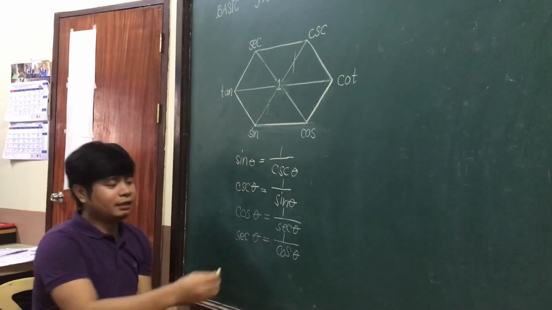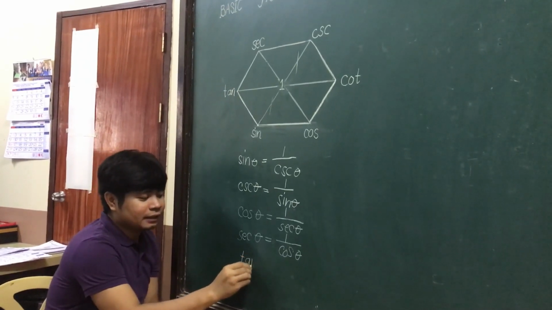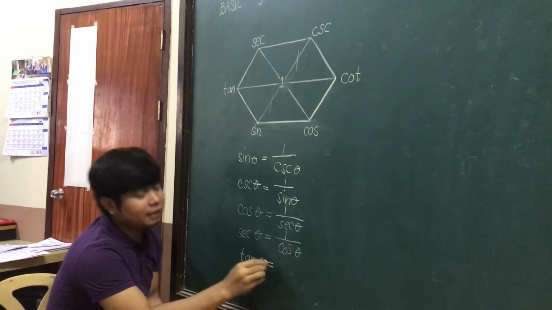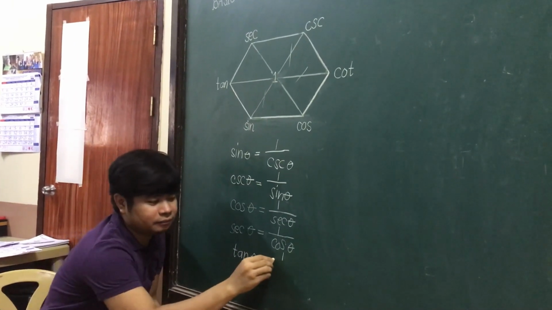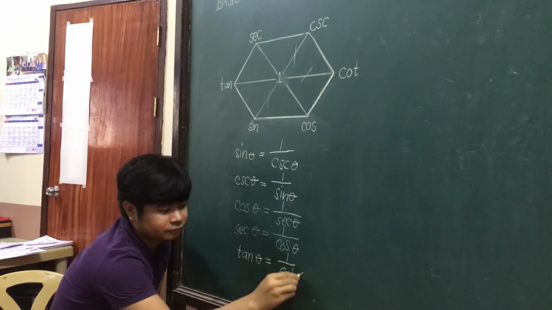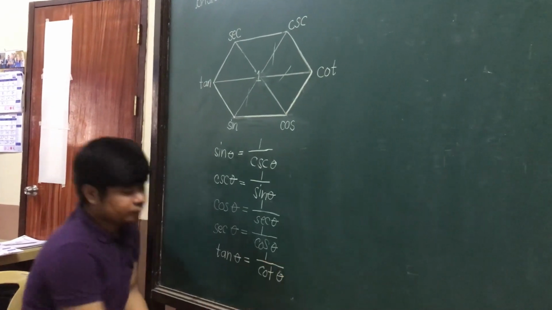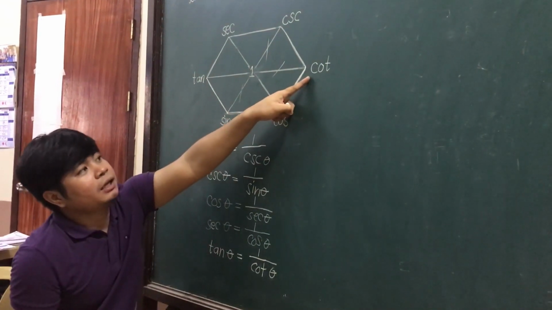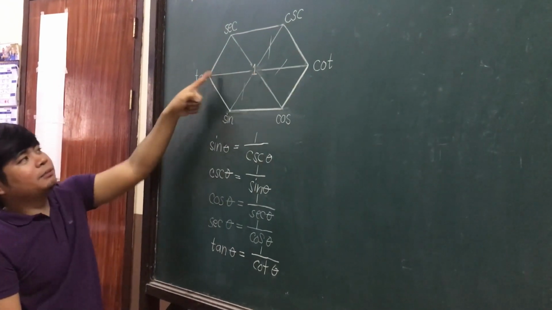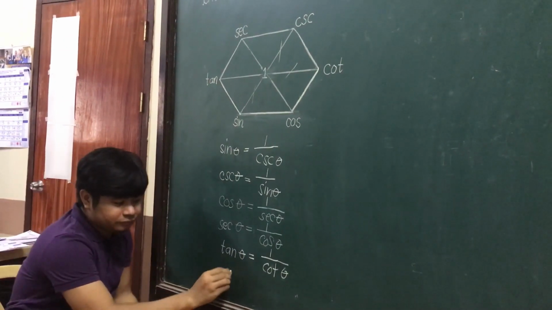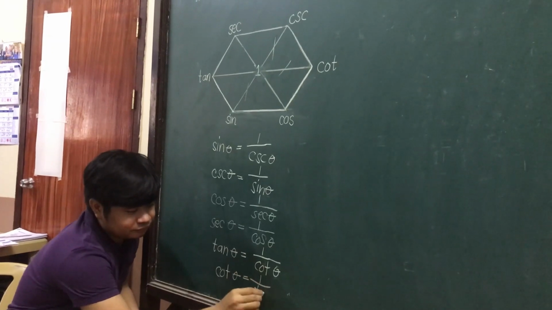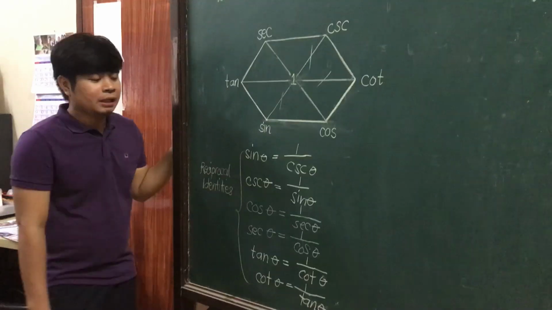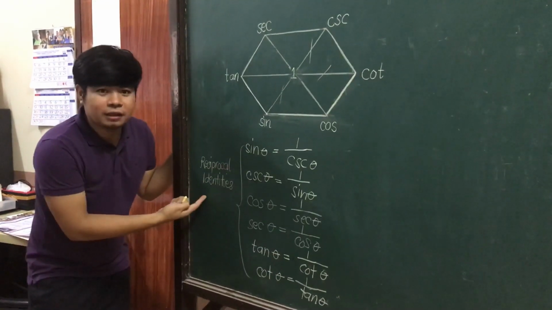For tangent theta, we have tangent theta is equal to 1 divided by cotangent theta. So cotangent theta here is equal to 1 divided by tangent theta. These are the reciprocal identities.